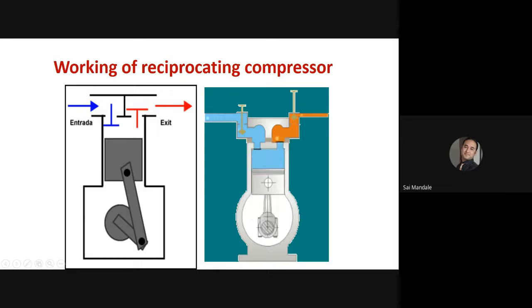When the piston is moving from TDC to BDC, at that time this inlet valve is open and exhaust valve is closed. Try to understand the conditions. Why is this?